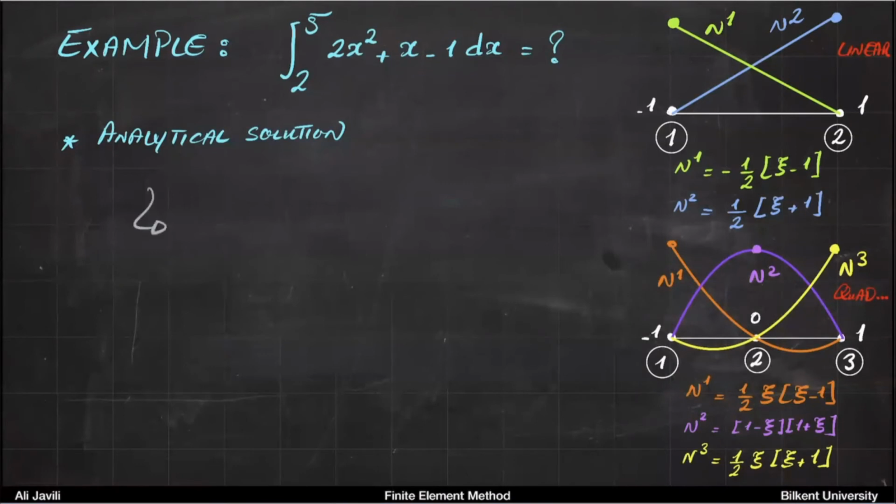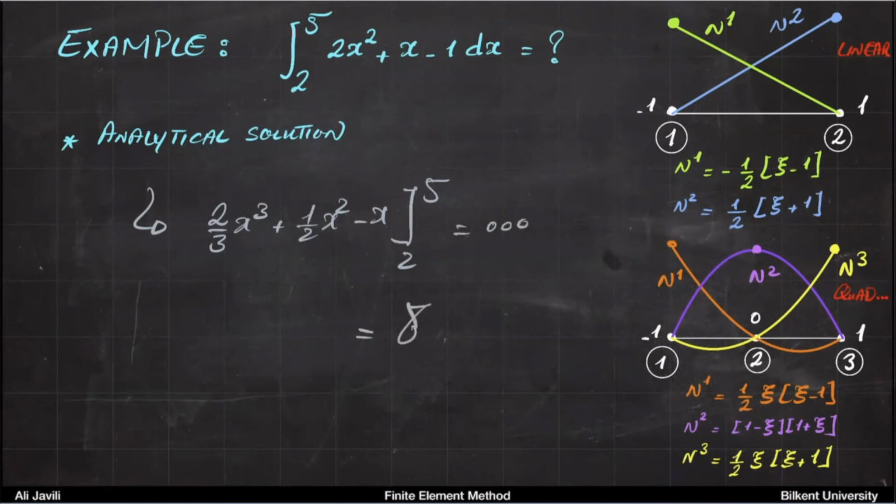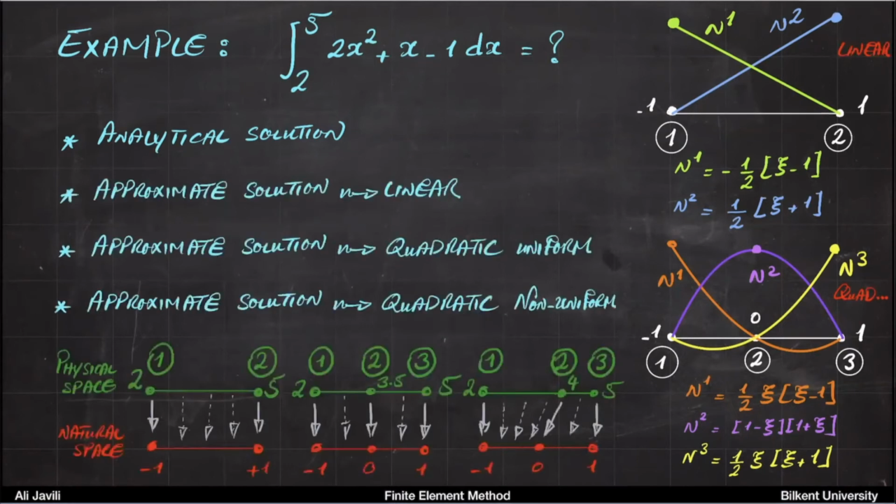That would be just 2/3 x cubed plus 1/2 x squared minus x from 2 to 5. You insert those values and you end up with 85.5. Okay, so this is the analytical solution. Just keep that in mind for the next steps.